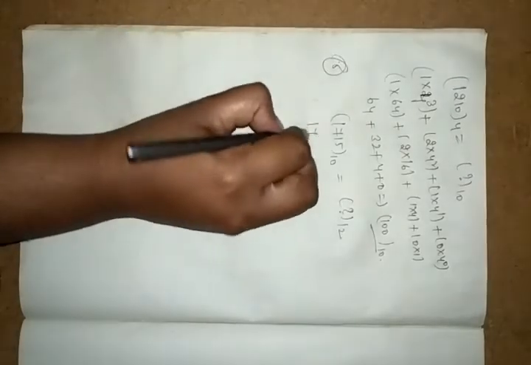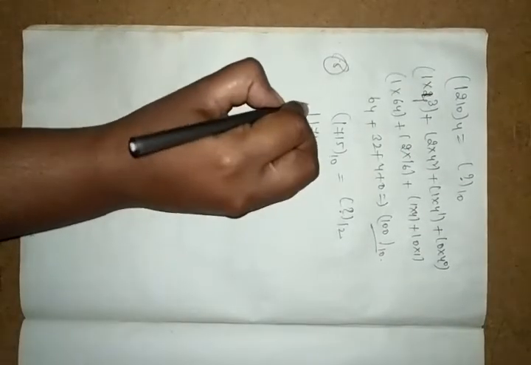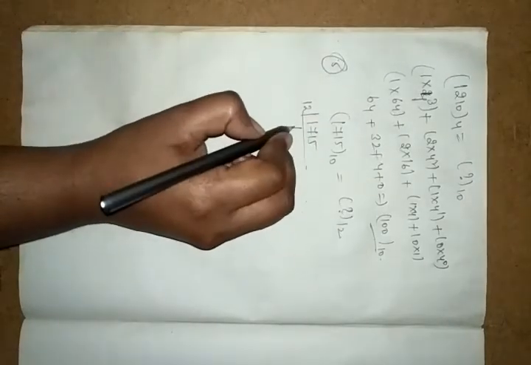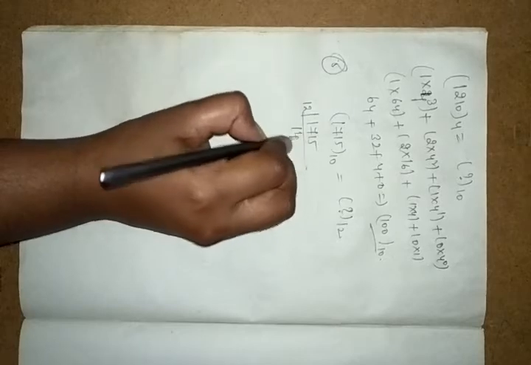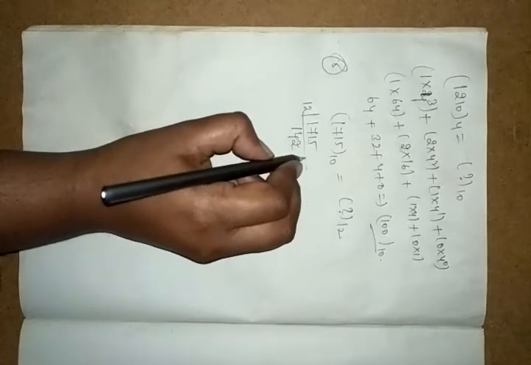Base 12 means we have 0 to 9, and after that A to C. So we need to convert this one. 1715 by 12, 12 1 ja, 12 4 ja, 12 2 ja, and we're left with nothing.